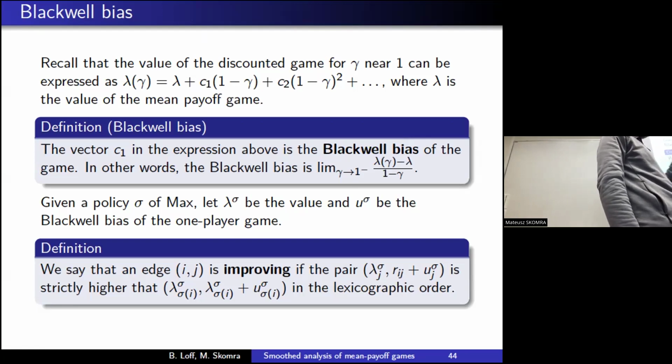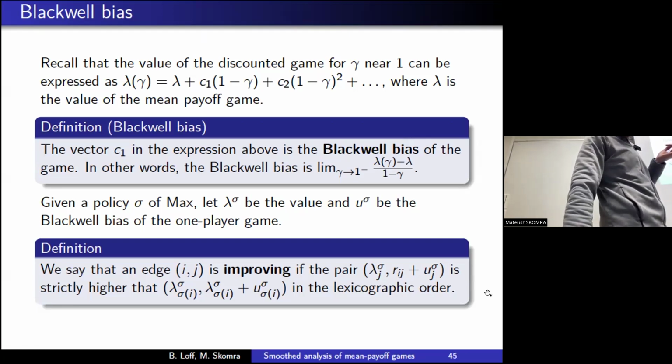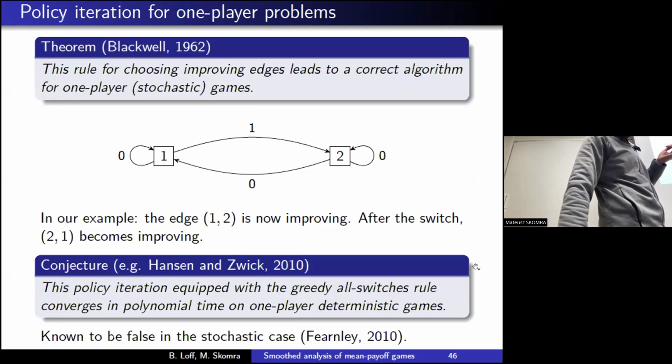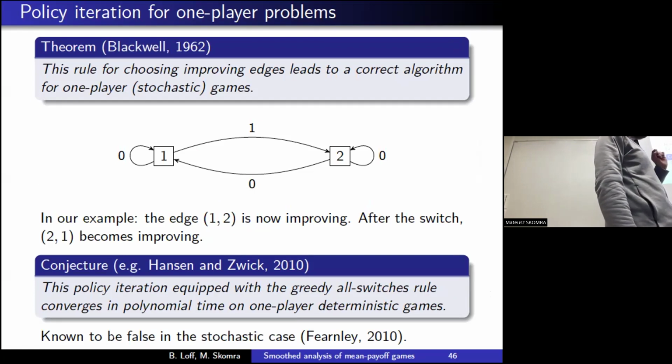So we are not only looking at the value, but also somehow at the second order of what happens. And there is this theorem that Blackwell proved in the one-player stochastic case: if you choose this criterion as an improving criterion, then you will converge in the one-player case.